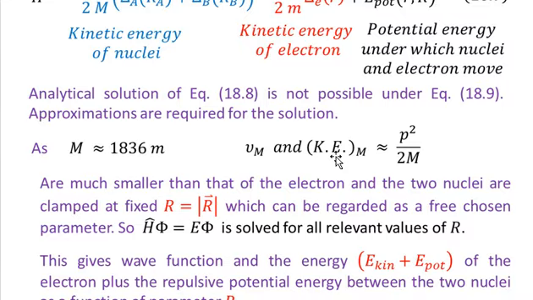We can fix the value of capital R for the solution of this problem. So H phi equals E phi is solvable for all relevant values of R. You will solve this equation for any general value of R, and you can find an analytical solution.